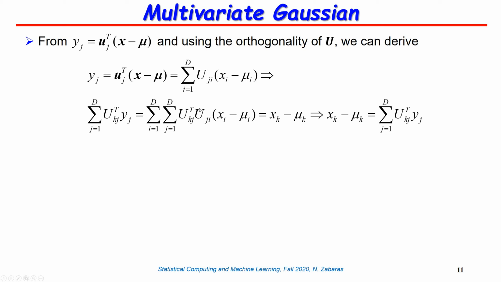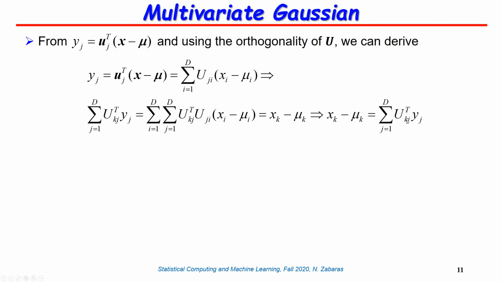This product u_kj u_ji, summed over j, gives you a delta function delta_ki. So from this double summation I get x_k minus mu_k, and I discover that x_k minus mu_k is the kj element of U transpose times y_j. Pay attention here, maybe my notation is confusing: this is the kj element of the matrix U transpose, where originally I defined U to be the matrix that has rows, the eigenvectors u_j.